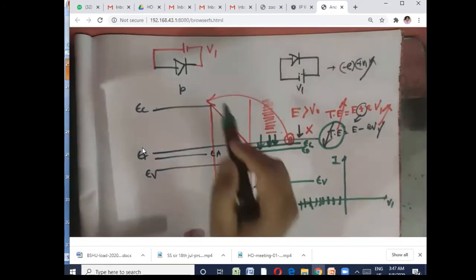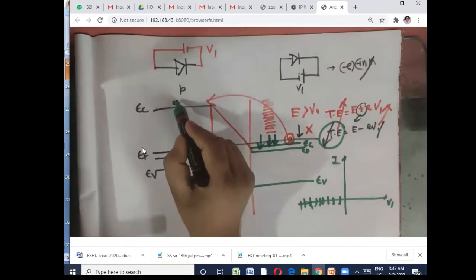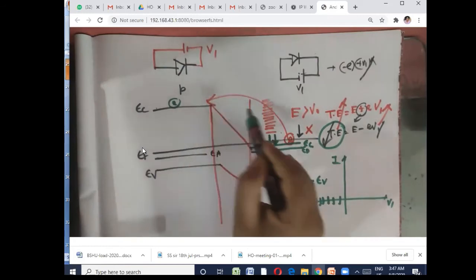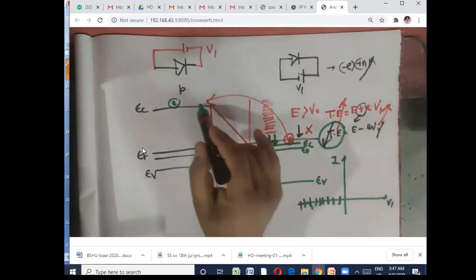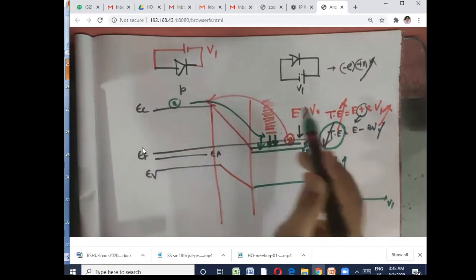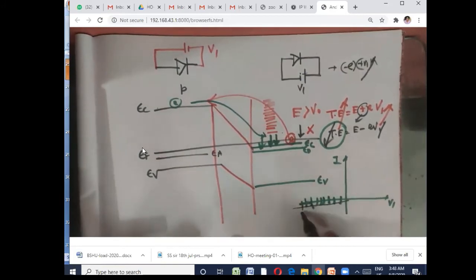You can get a very small amount of current from the minority electrons in the p side, because they are already at a higher energy level, so they can always fall down. But their number is small, so you get a very small current. We call it the reverse saturation current.